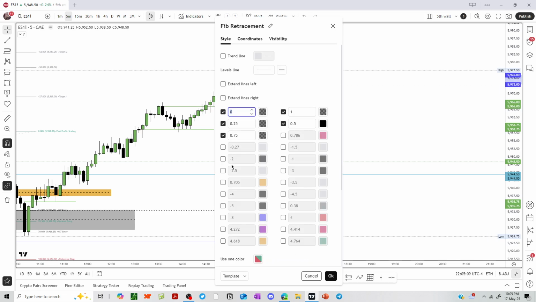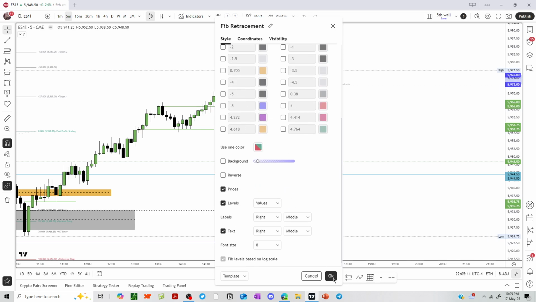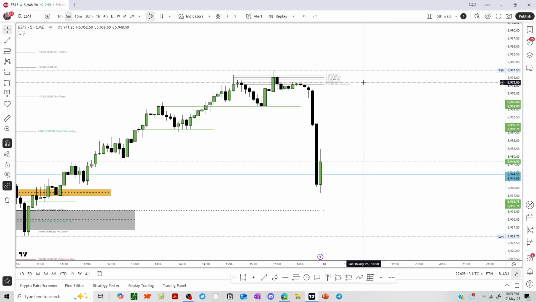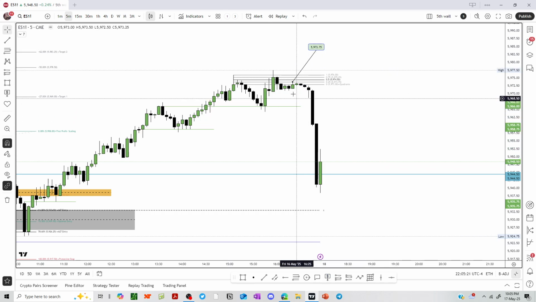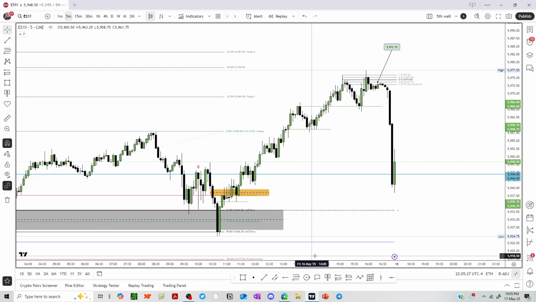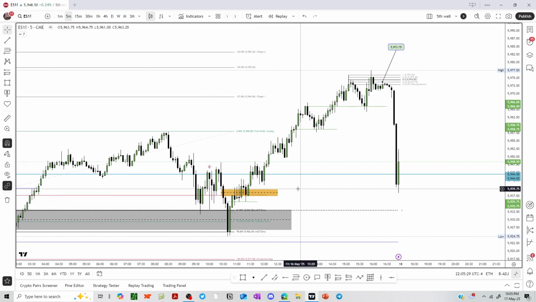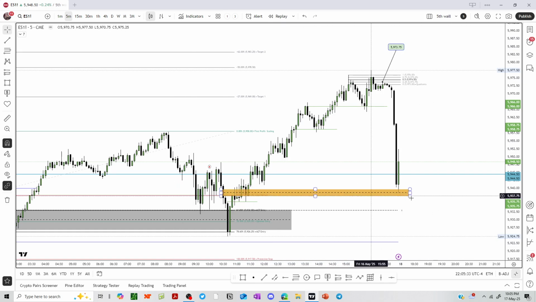Let's see. Price 59.7375. And there's your short. Trading right back into this inverted fair value gap. I think that's kind of cute.